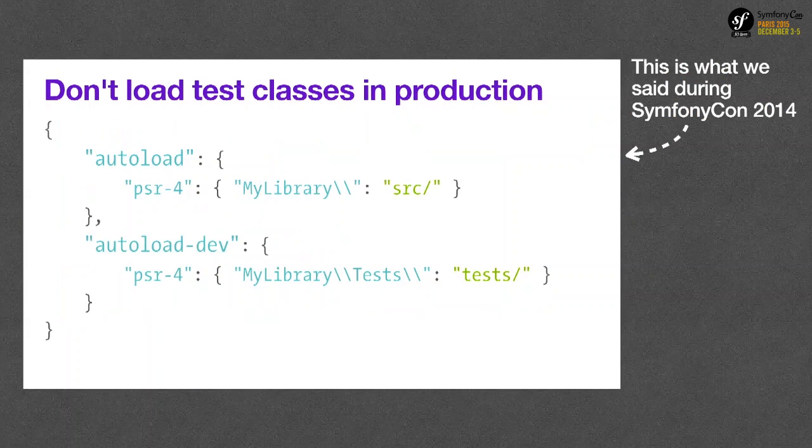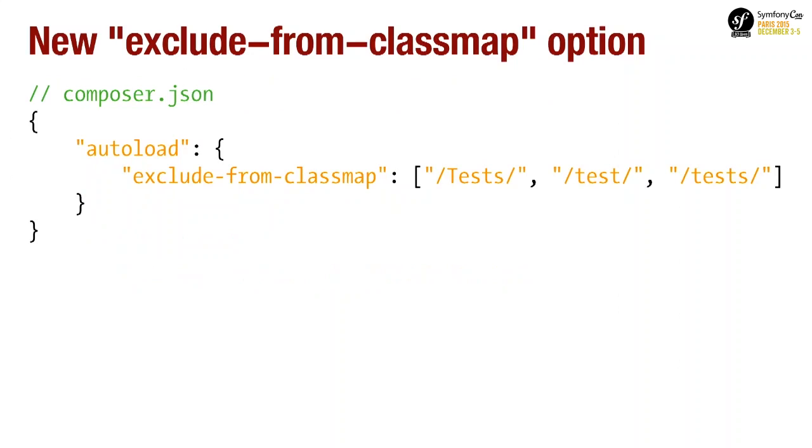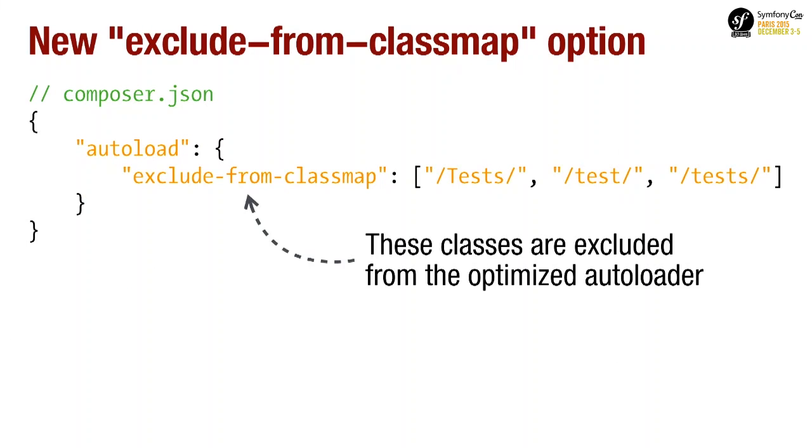Last year we mentioned the autoload-dev option and all of that. But this year we're mentioning a new option, the exclude-from-classmap. This one allows you to tell Composer which classes shouldn't go to the optimized dump of the class loader.